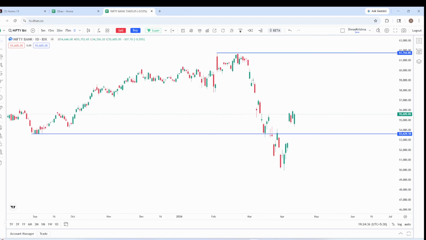For example, if the market has broken on this point, I'm sorry, let me take the smaller one. For example, if the market has broken this and then made an impulse correction over here, we would have bought here on a break of this, and we would have traded here, or it might have entered into an above also.